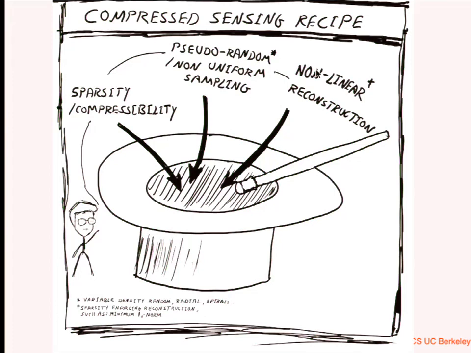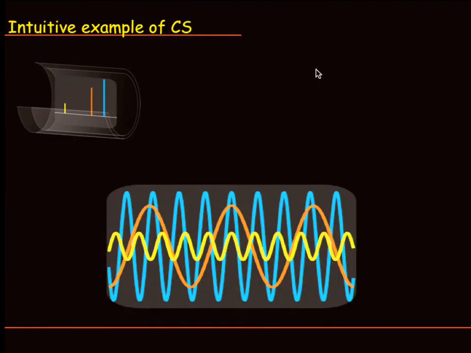Now I'm going to try to give you an intuitive example of compressed sensing when we're talking about one-dimensional signals. Okay. So let's say we're looking at a situation where I have a signal which has a sparse spectrum. Sparse spectrum means that this signal is composed of a linear combination of these complex exponentials, which I'm showing, actually just the real part of them, and I'm showing them overlaid, but of course they're added.